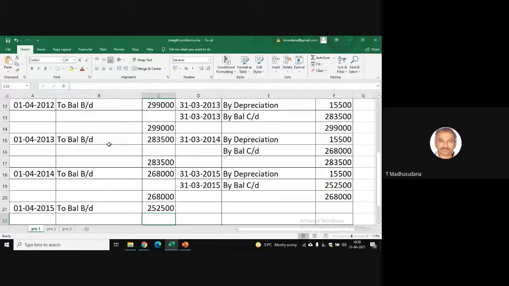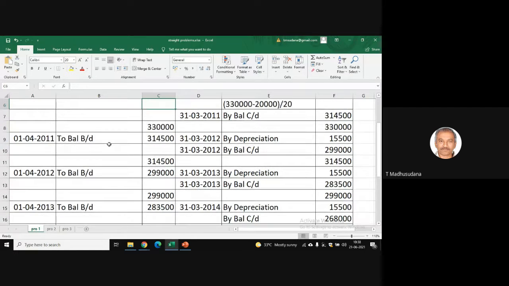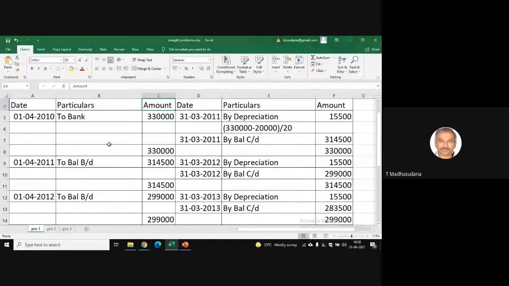Here in this problem, since we are given only one machine was purchased on 1/4/2010, therefore on that machine every year we have calculated depreciation. In the first year, second year, third year, same depreciation amount deducted, balance carried down, balance brought down, like that we have.